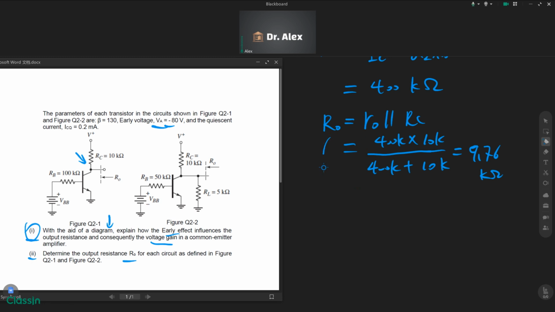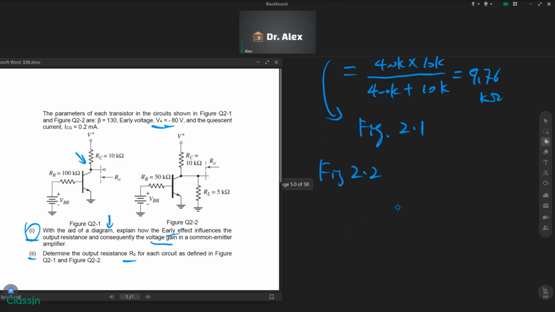Now we get the output resistance for figure 2.1. For figure 2.2, we just add another parallel resistor, which is RL.